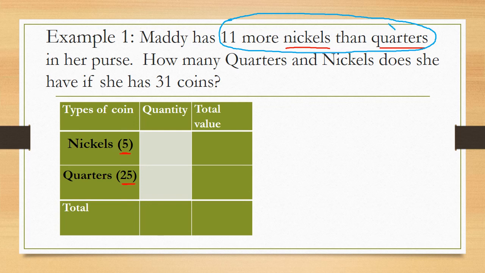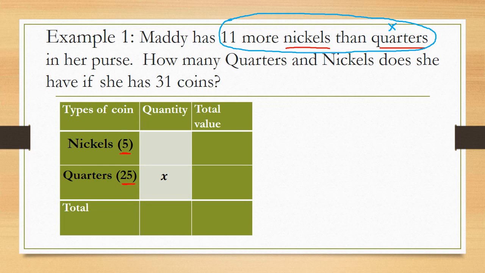So always represent the later coin mentioned with X, so you'll be able to translate this statement correctly. So in this situation, since quarters is mentioned after the word nickel, I'm going to start with quarters, and I'm going to assume that the number of quarters is X. Now, it says in the problem 11 more nickels than quarters.